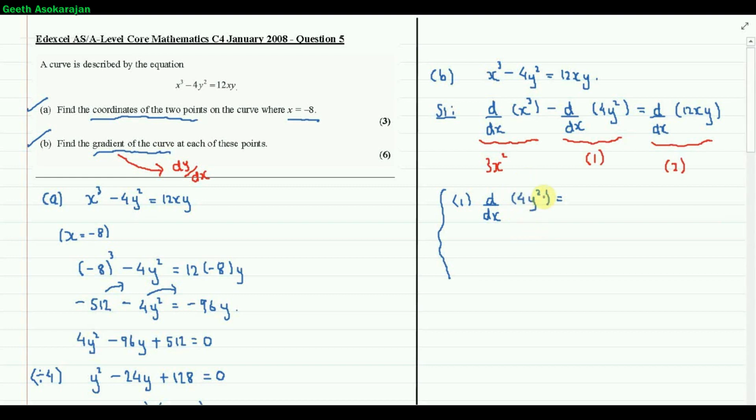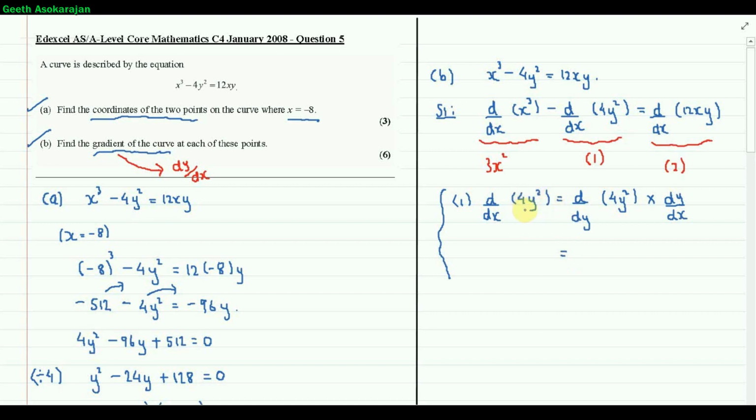But if you want to differentiate a y term only, so you've got 4y squared, a term involving y only, we need to use the chain rule. So the chain rule is we first differentiate with respect to y, so we need a d by dy of 4y squared, then we multiply by dy over dx. So we use the chain rule to differentiate a y term only.